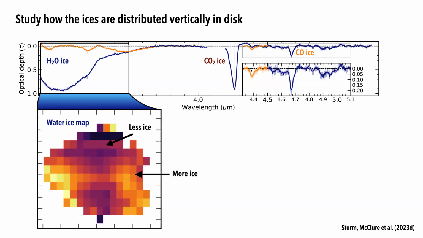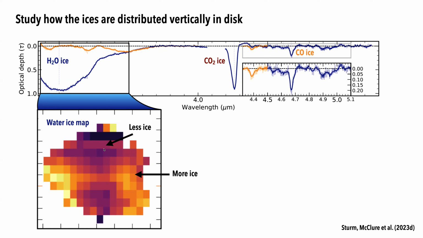And once you remove the continuum to calculate how deep these ice features are, you can then take an individual feature and essentially, because it's this image at every wavelength, you can create a map of the spatial distribution for those ices. So this here is the water ice map that we get from this water ice feature. The bright yellow indicates where there's more ice, and the sort of magenta color indicates where there's less ice.